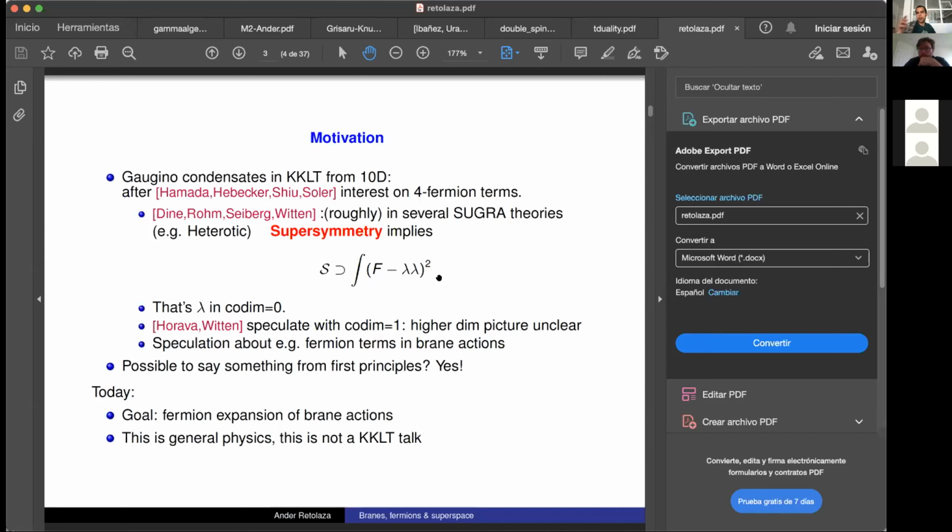Does it work out to be a perfect square? Let's say that what we're doing is a first step to answer this question. What you need to do is compute the action at order 4 for Dp-branes. You need to fix the gauge for kappa symmetry. This is something that we didn't do, it's enough of a mess for now.